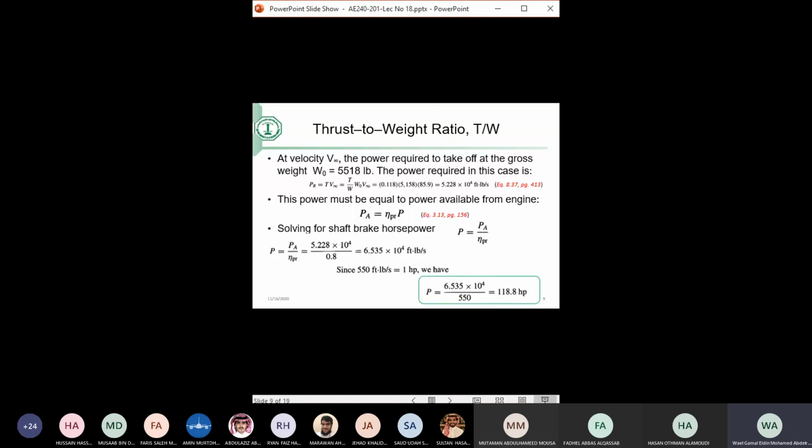So in order to make the aircraft take off in 2,500 feet, we use the takeoff equation from chapter 5. We used the CL max from chapter 2, and we used the power thrust relationship from chapter 3 in order to get to the fact that this power is 119 horsepower.